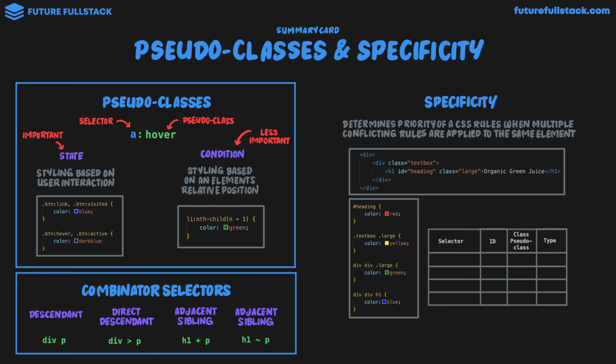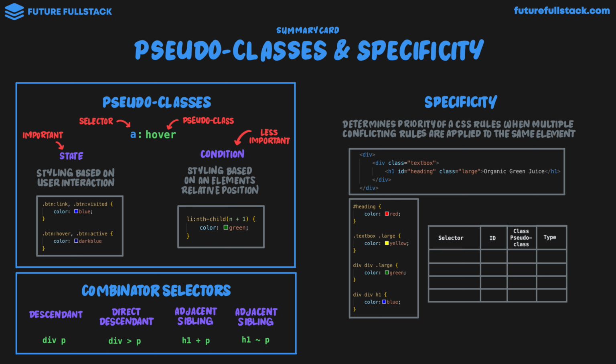We saw that we could calculate the specificity of each selector, where ID, class and pseudoclass, and type selectors had a lower priority from left to right. In the example, we looked at 4 different cases, where filling in the table, the heading was 100, the 2 class selectors was 020, the 2 type selectors and class was 012, and the 3 type selectors was 003.